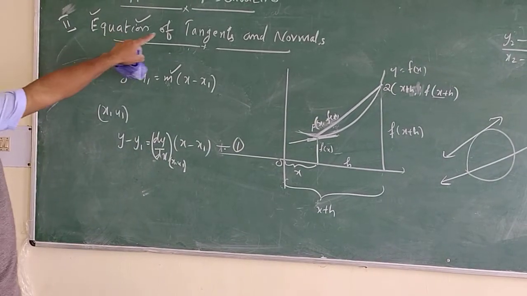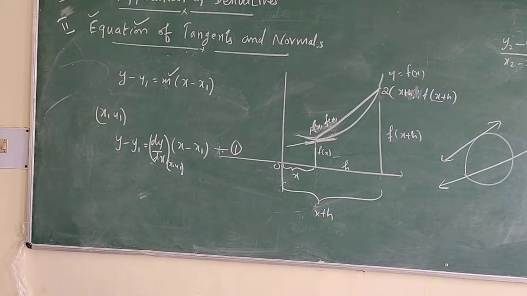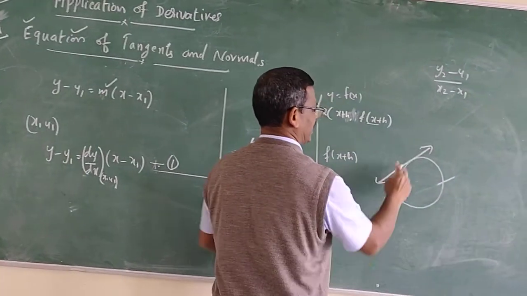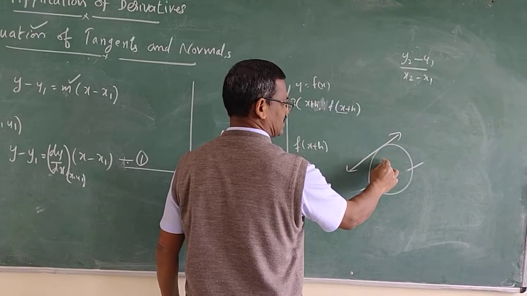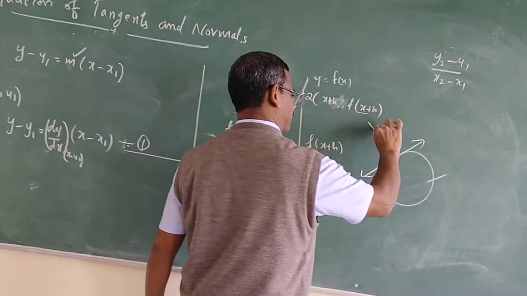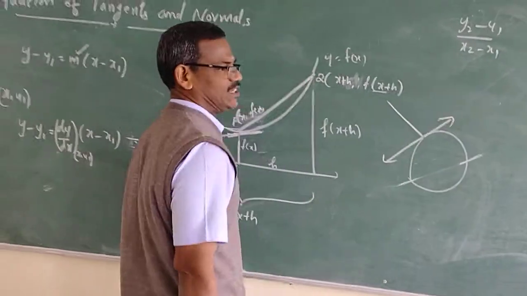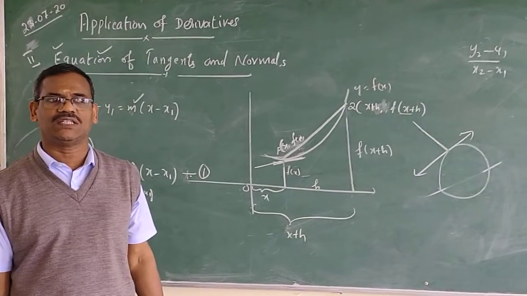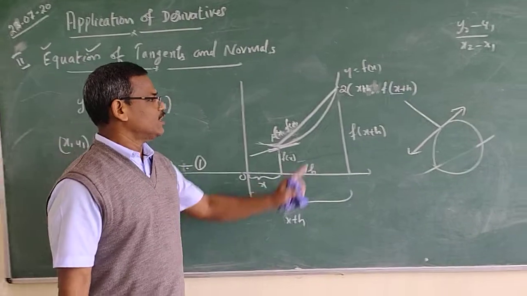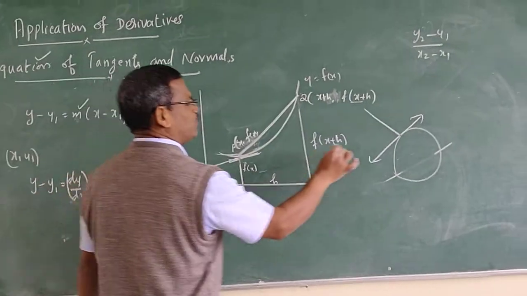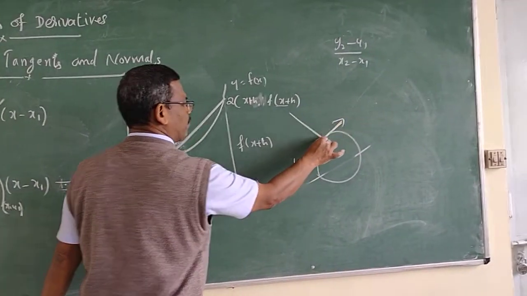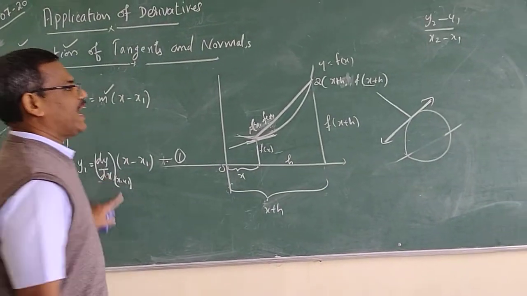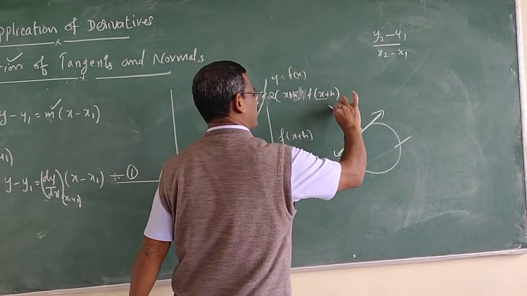Now let us come to the point, what is a normal? Here you can see that this is a tangent. A line which is perpendicular to the tangent is called a normal. The slope of the tangent is dy by dx, and what will be the slope of this normal?